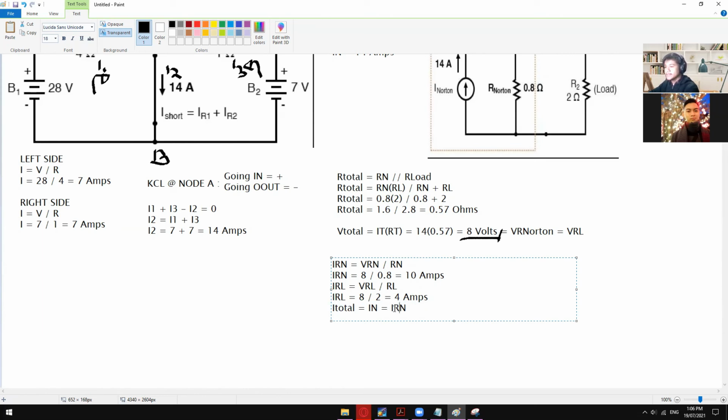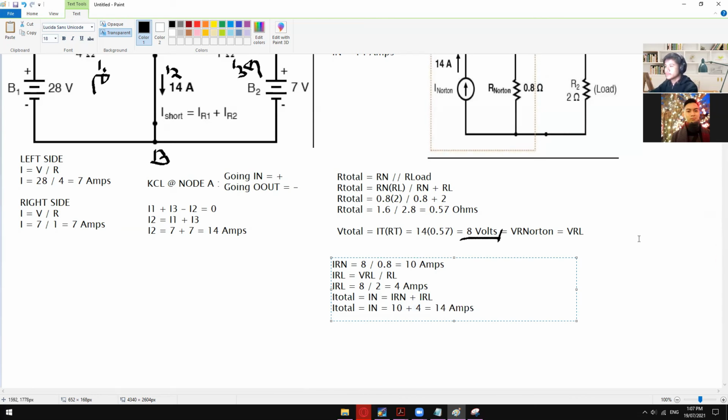So I total is equal to IRN plus IRL. So that IRN is 10 amps and then IRL is 4 amps, wherein it is correct, and it is consistent with 14 amps.